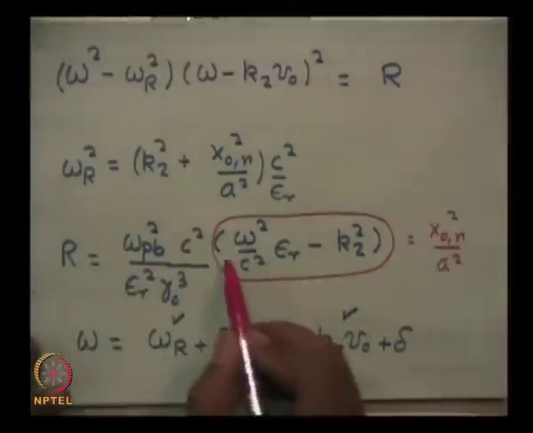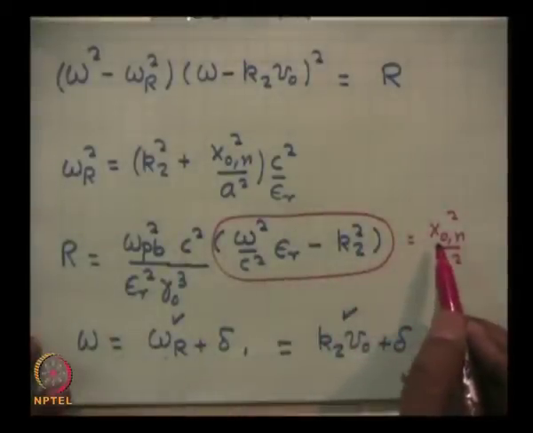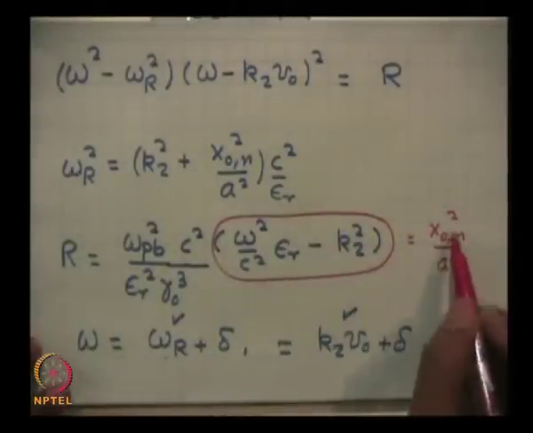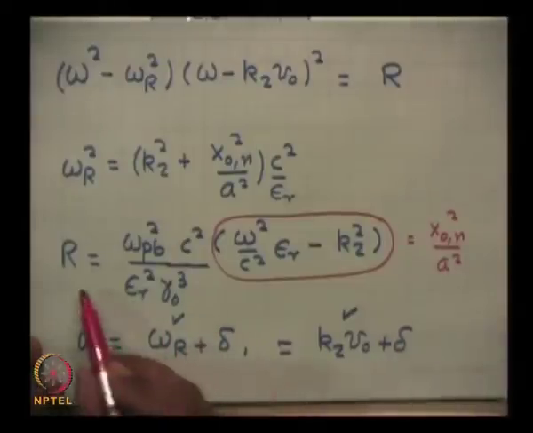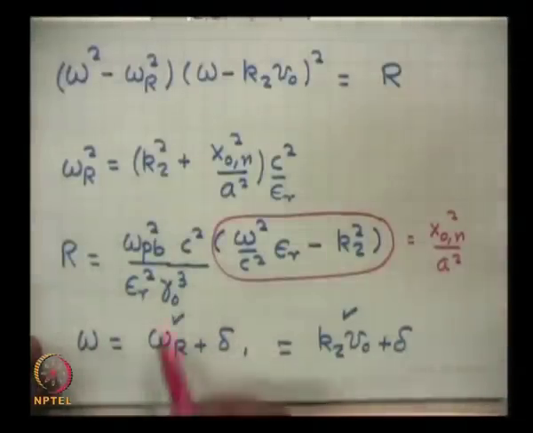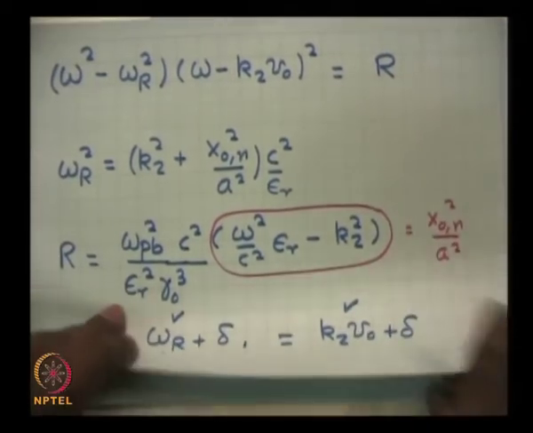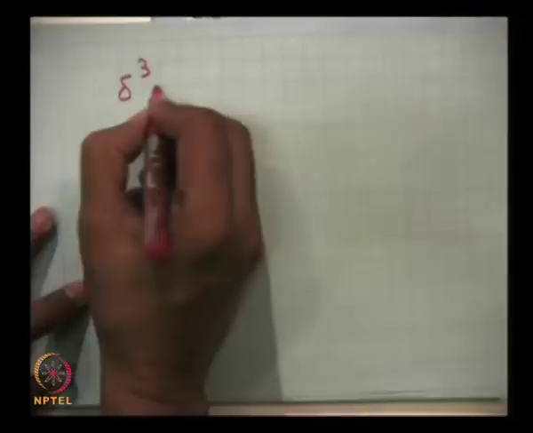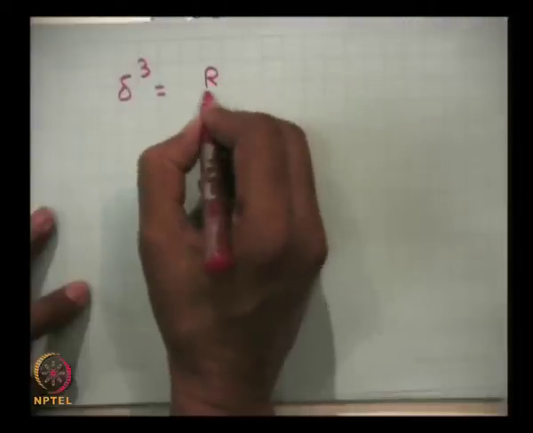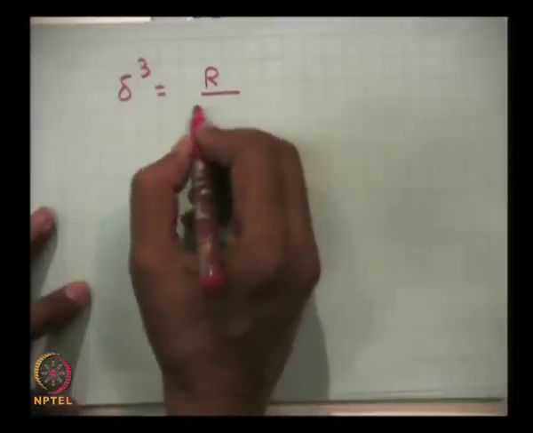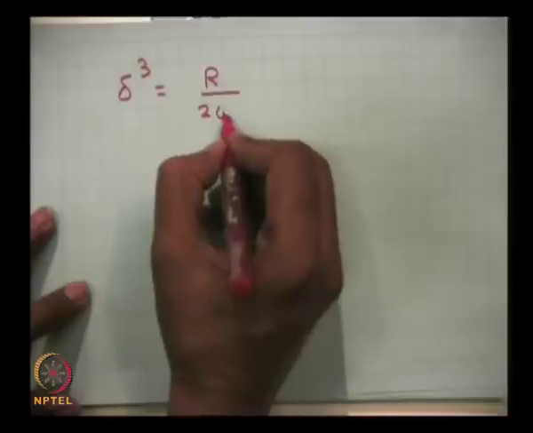So I will replace this expression by this term, and then r becomes quite simple, and just put this in there. My equation turns out to be like this: delta cube is equal to r divided by twice omega r.